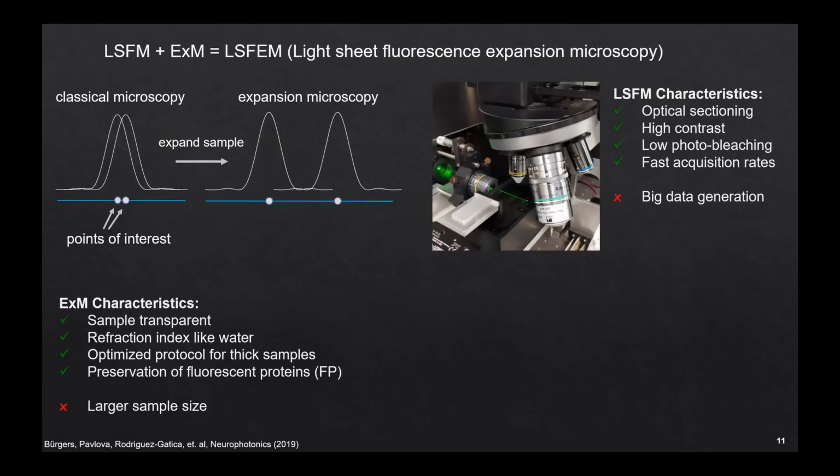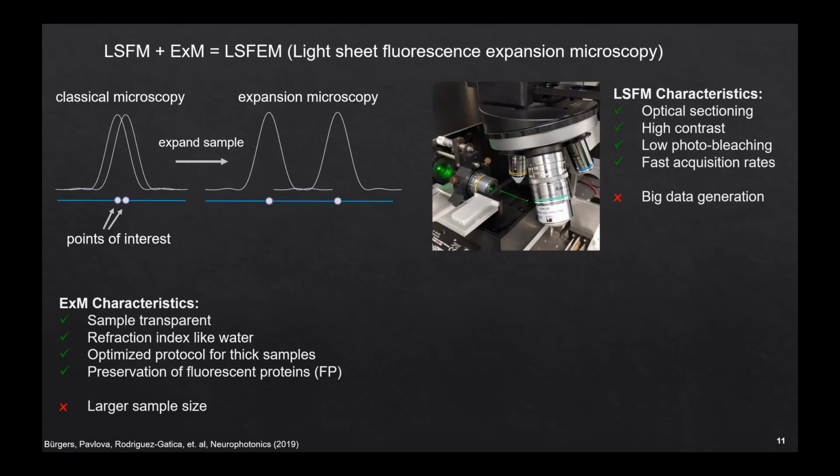Luckily, with expansion, we have a transparent sample, and we will have a big sample. That's why the combination of light sheet and expansion was published by the group some years ago. The combination of these two techniques goes really, really well, especially for big samples.